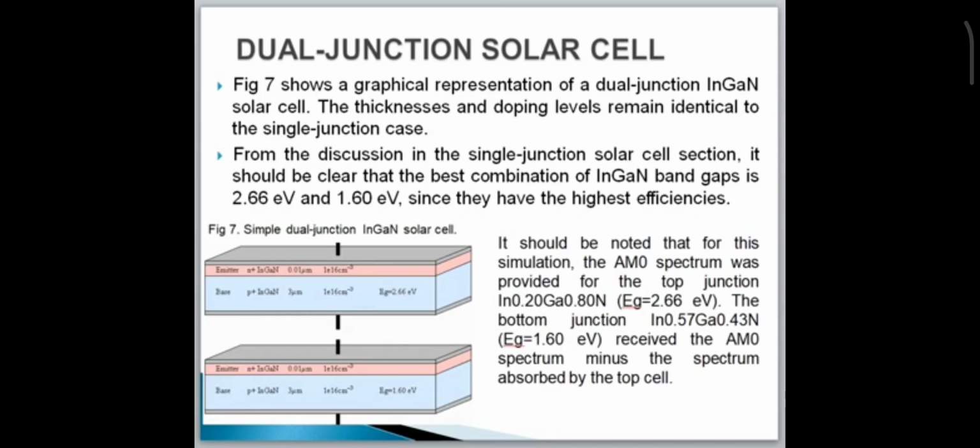It has a band gap of 2.66 electron volt. The bottom junction has a mole fraction of 0.57 of indium gallium nitride material and a band gap of 1.60 electron volt. It receives the air mass 0 spectrum minus the spectrum absorbed by the top cell.